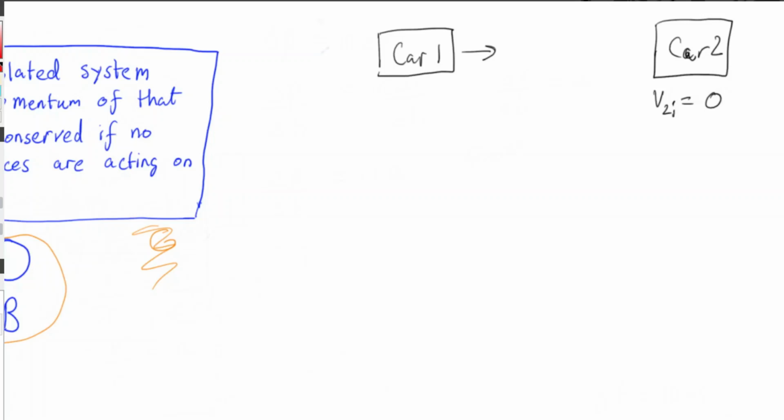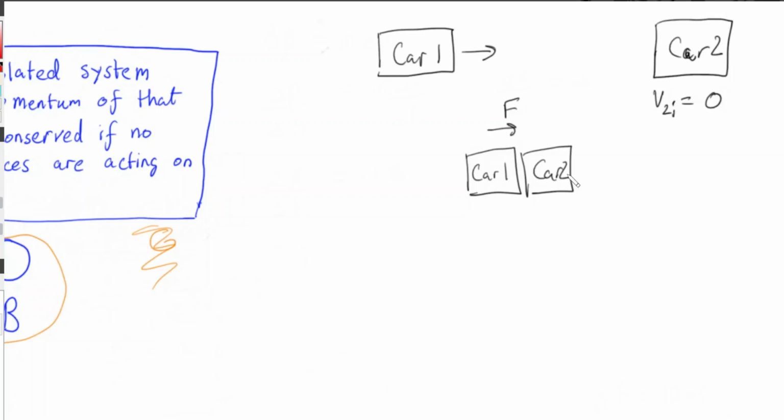We know that once they collide, car 1 will exert a force onto car 2 and cause car 2 to accelerate. So let's bring them in contact and show that. So car 1 imparts a force onto car 2, where this is car 1 and that's car 2. Similarly, car 2 will exert an equal and opposite force onto car 1, and that's in accordance with Newton's third law.